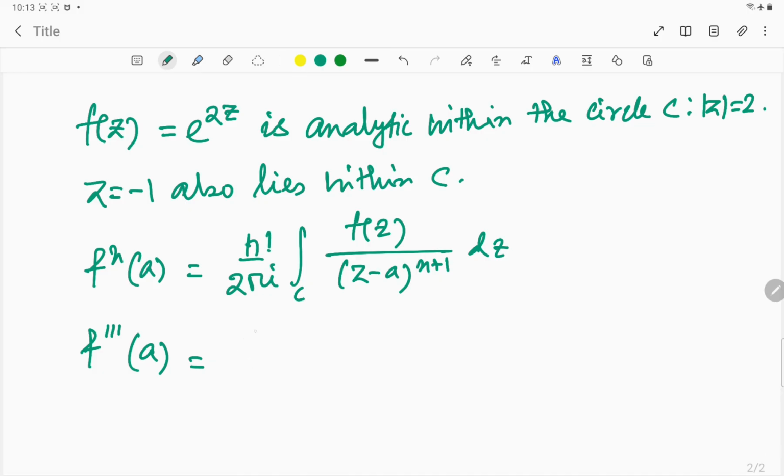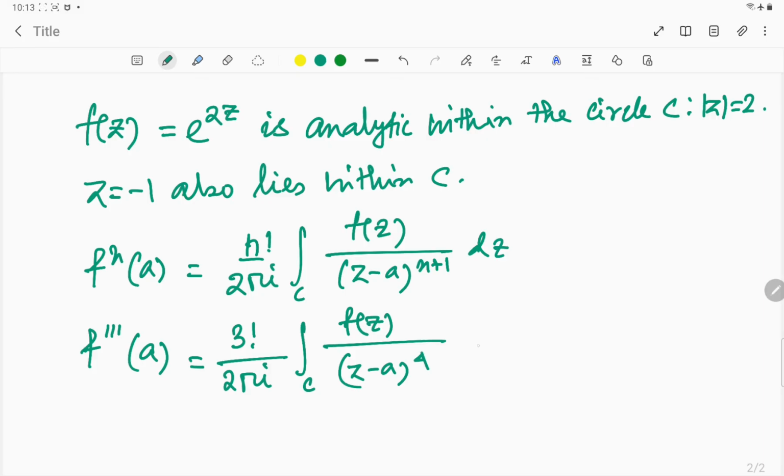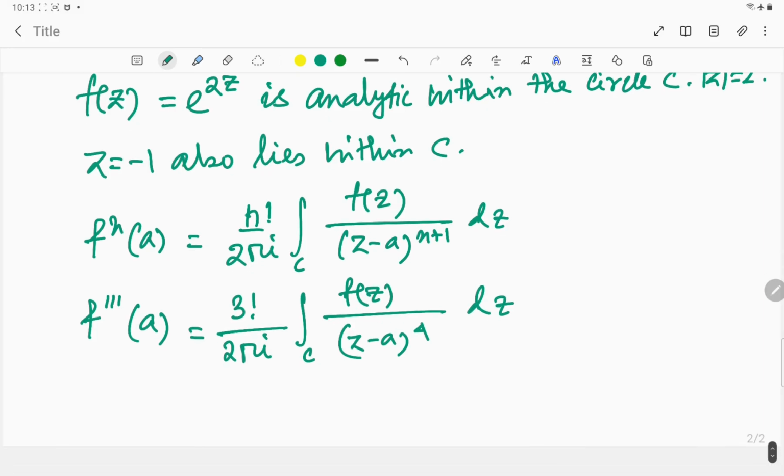So here we can write it as 3 factorial by 2 pi i, integration of f(z) divided by (z minus a) whole to the power 4 dz, right?